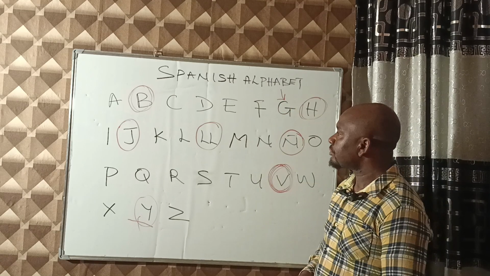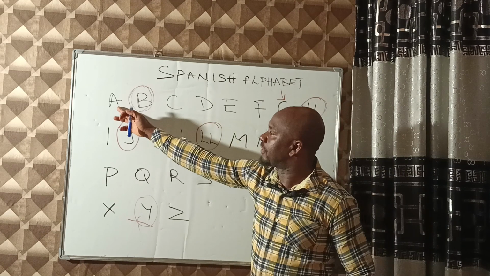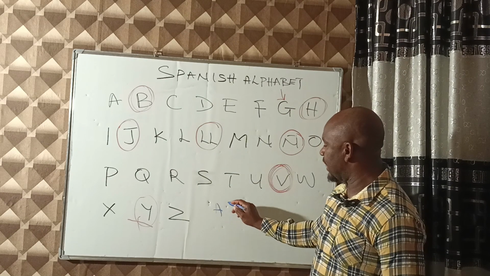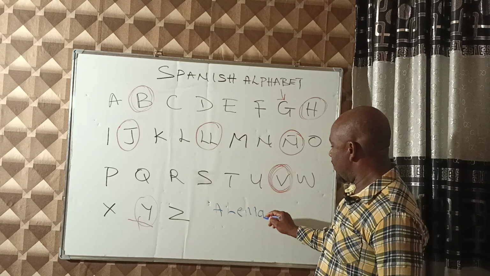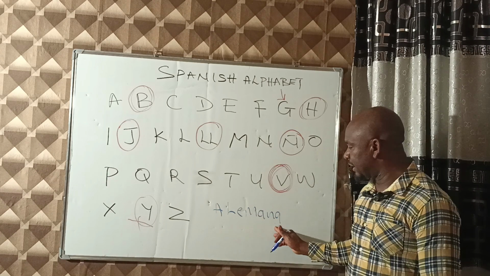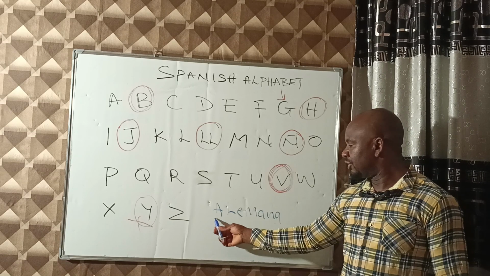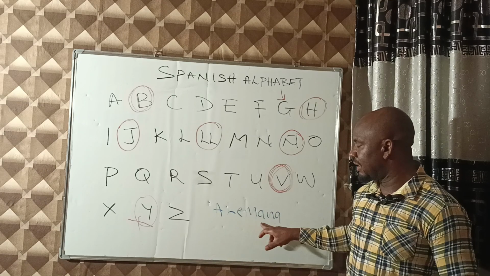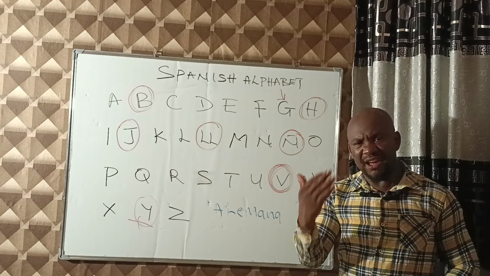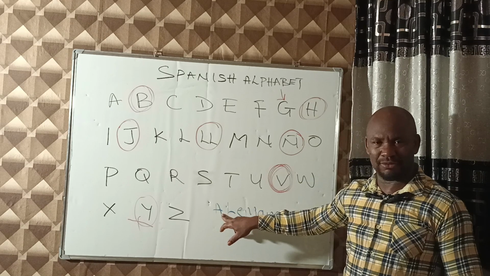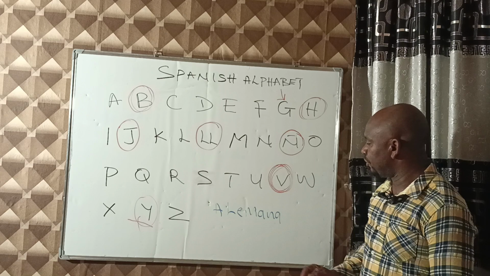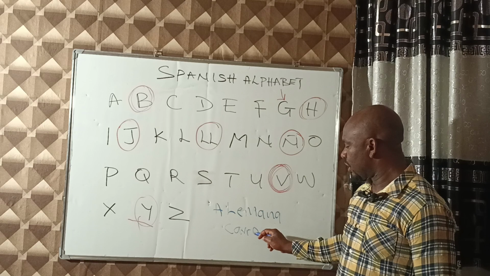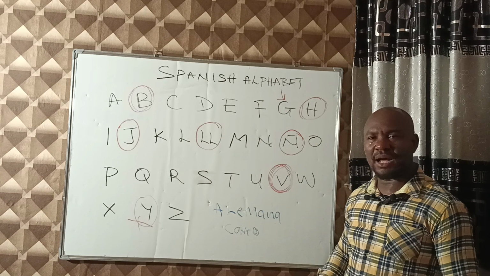We have examples that you can have in ah, like you have Alemania. Alemania is actually Germany. That's how you pronounce it. Germany in Spanish, Alemania. So when you have Alemania, you see my emphasis here is on the ah sound. For example, you have caro. Ah is the ah sound.